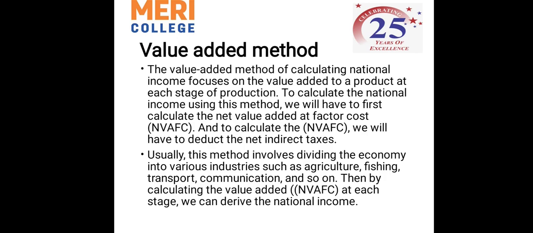We will have to deduct the net direct taxes. Usually this method involves dividing the economy into various industries such as agriculture, fishing, transport, communication and so on. Then by calculating the net value added at factor cost at each stage, we can derive the national income.